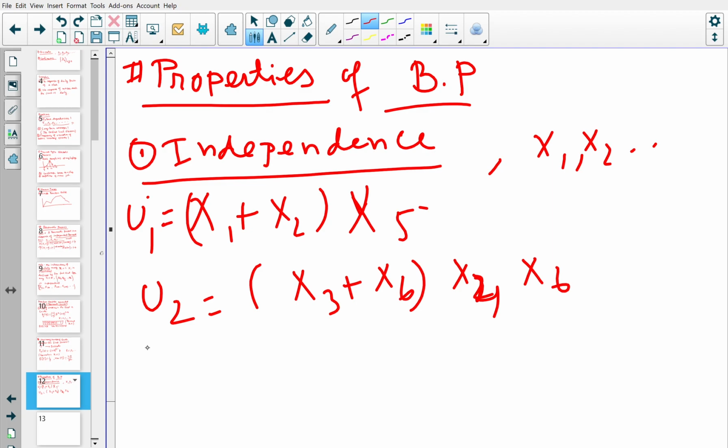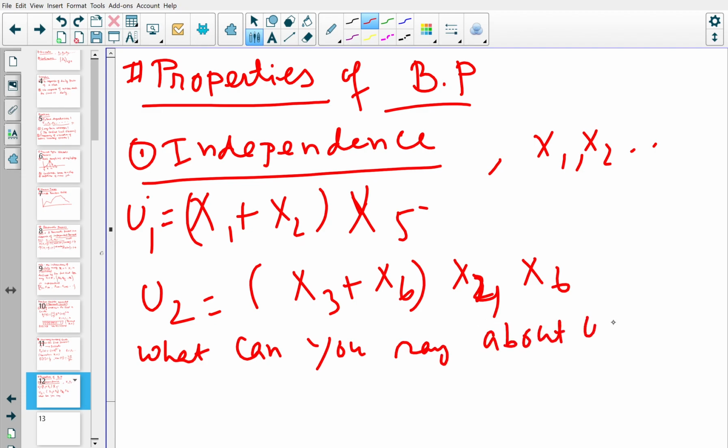So what can you say about U1 and U2? One answer is that U1 and U2 are independent.